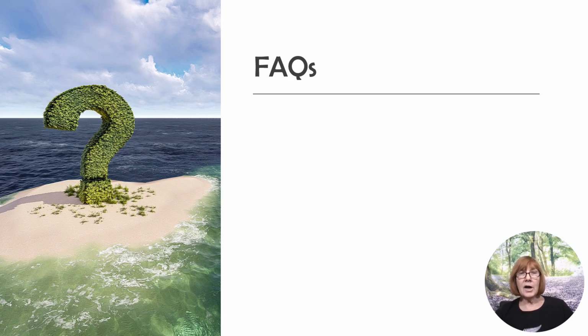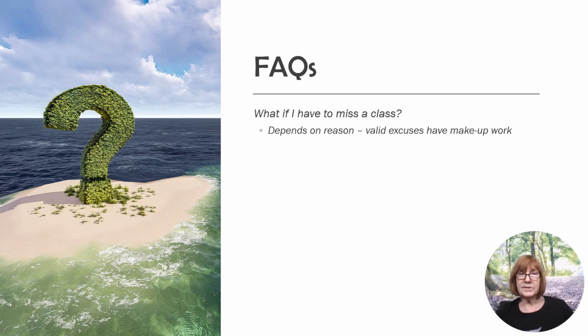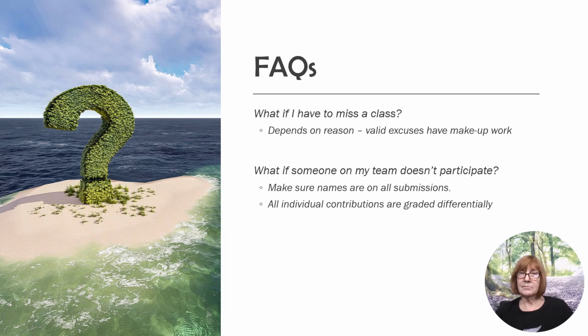Here are a couple of common questions that we often get. The first is, what happens if I have to miss a class? Well, it depends on the reason. If you have a valid excuse, then there's makeup work that you can do. And be sure to coordinate with your teams on the teamwork. The second most frequently asked question is, what happens if someone on my team doesn't participate?